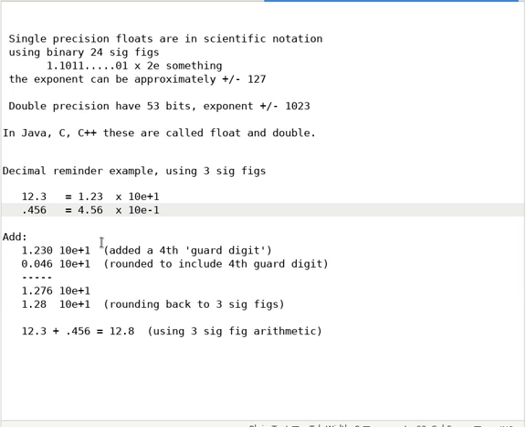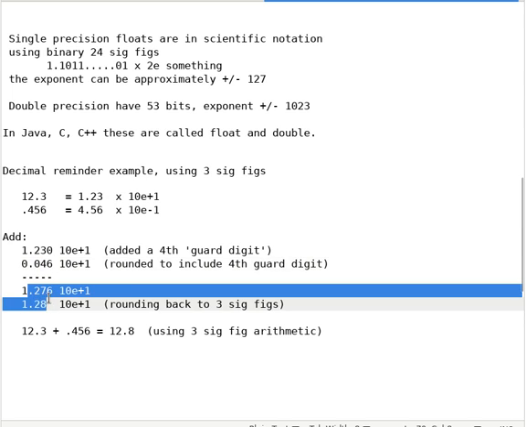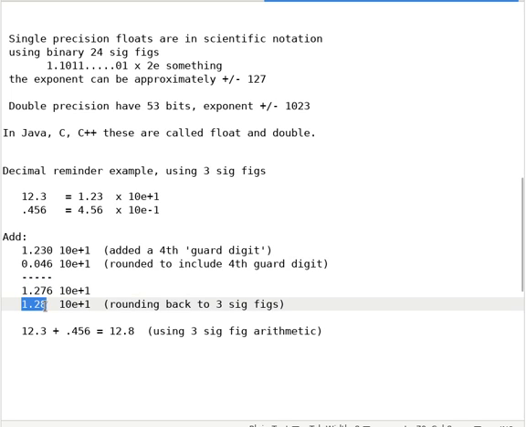So what the computer does usually, and what you frequently do, is you'll add one more digit in there, which we call a guard digit, just temporarily. So 0.0456 is going to be rounded in that guard digit to plus 0.46. So using that extra sig fig, I add everything up, and then I round, and that's where my answer is. So that's what happens when we are adding using 3 sig figs.